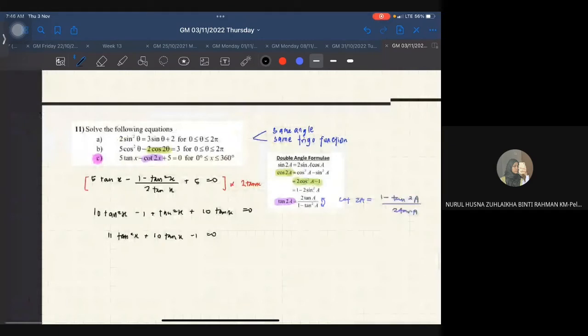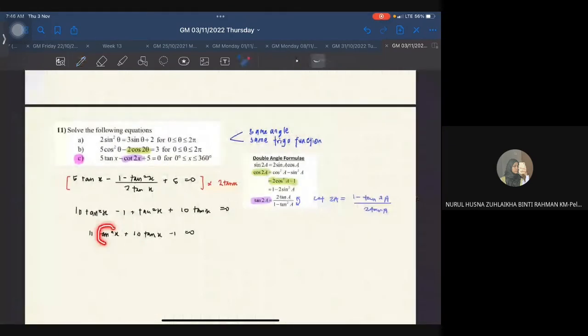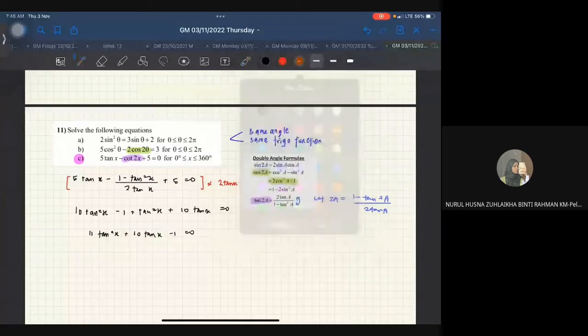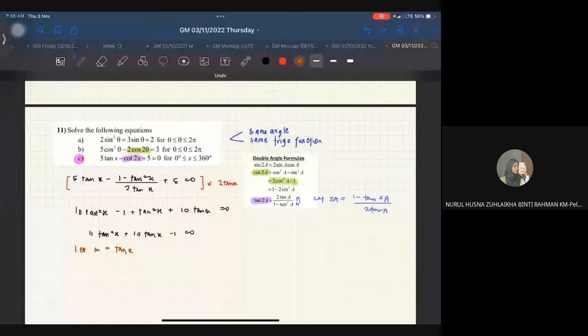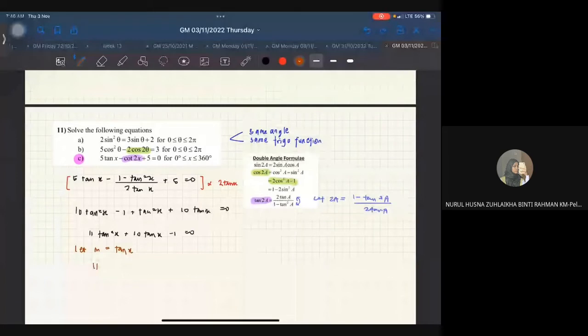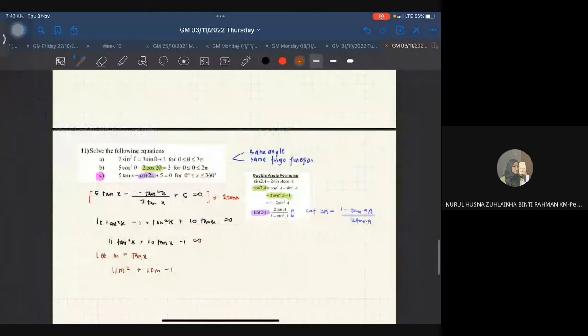Okay, dah dapatlah dalam bentuk same trigo function. This is tan, this is tan. And then it is also a same angle. This one is x, this one is x as well. So let's substitute any unknown that we want. I am going to let m equals to tan x. So saya akan dapat 11m square plus 10m minus 1 is equals to 0.